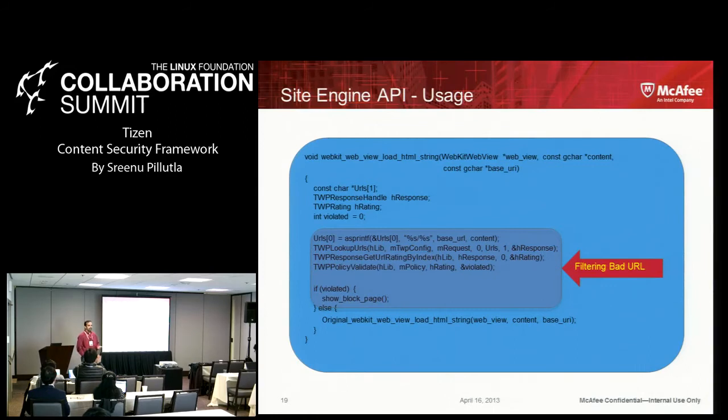It is very similar to what you see in web protection in the PC world. Exactly the same concept, it just happens on Tizen. Depending on whether your policy is violated, you filter that; otherwise, you allow the good URL to be browsed through.